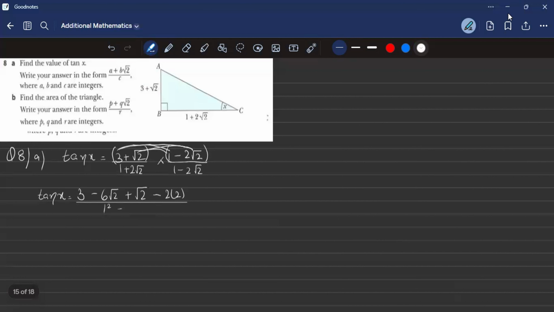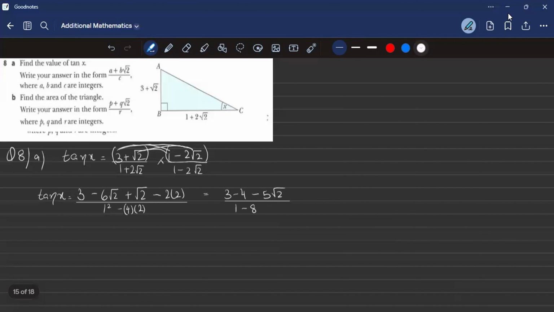What is b squared equal to? 2 squared is equal to 4, multiplied by root 2 squared, which is equal to 2. Simplify this now: 3 minus 4, minus 6 root 2 plus root 2. What does that equal? That equals negative 5 root 2. So 3 minus 4 minus 5 root 2 divided by 1 minus 8.